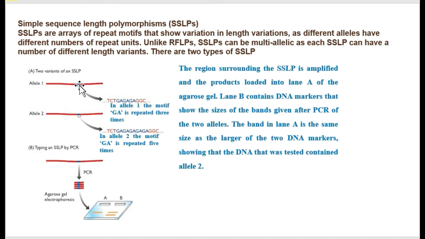We have allele 1, in which the motif GA is repeated 3 times, but in allele 2, the motif GA is repeated 5 times. Because this will be a larger fragment, we will be able to identify it on the gel. So microsatellites were highly polymorphic, and multiple alleles can be distinguished by using a PCR based assay.